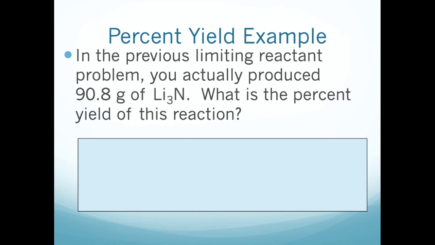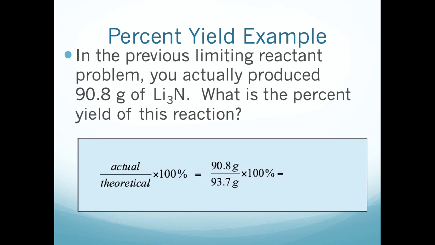So what was their percent yield? So we take their actual, which is 90.8, divide by their theoretical, which was the 93.7 grams we got from our calculation earlier, times 100, and that's a 96.7% yield. Okay, so that's how you do a percent yield.